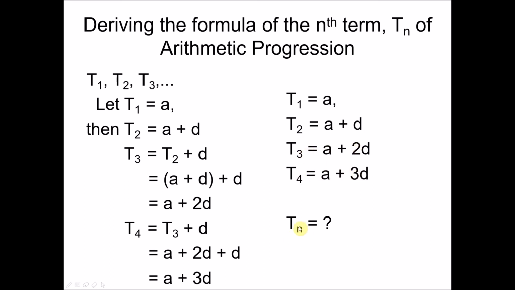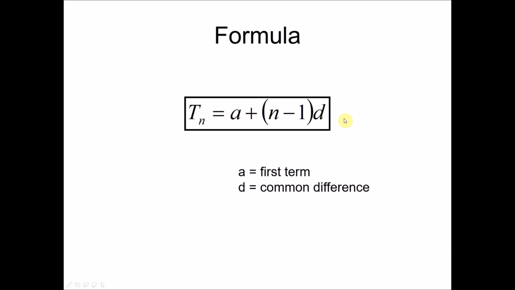So if this is n, this becomes n minus 1. So this is the formula. You can use this formula to find the value of any term, with A equal to the first term and D the common difference.